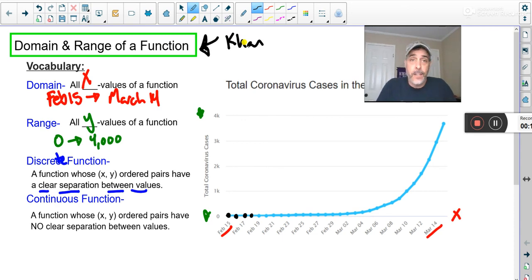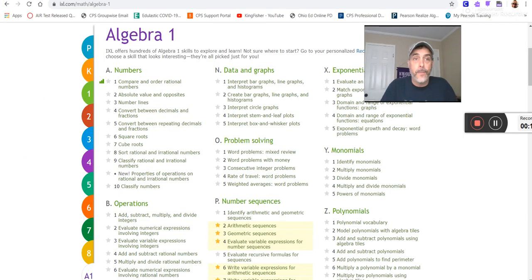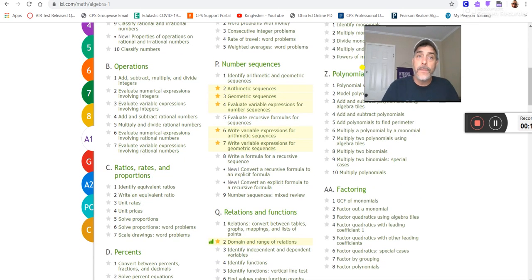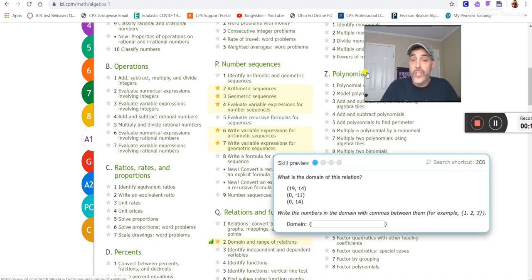Only one of them has gotten 100%, and that one student has not tried IXL math yet. So if you've already gotten an A+ on it, if you're that one student, you could come to IXL math and try any one of these that I have starred for you.